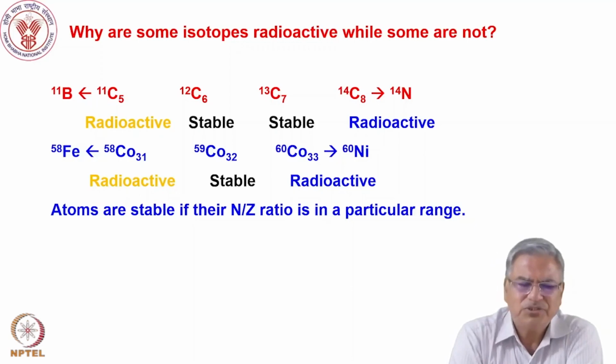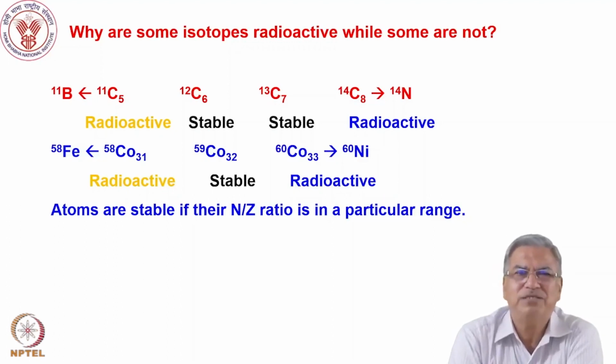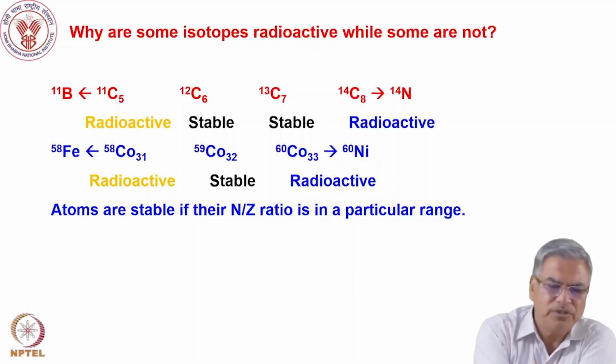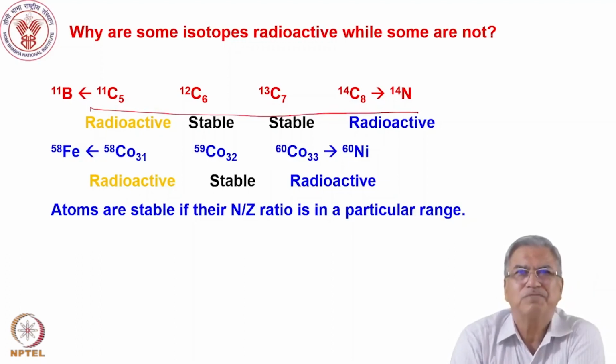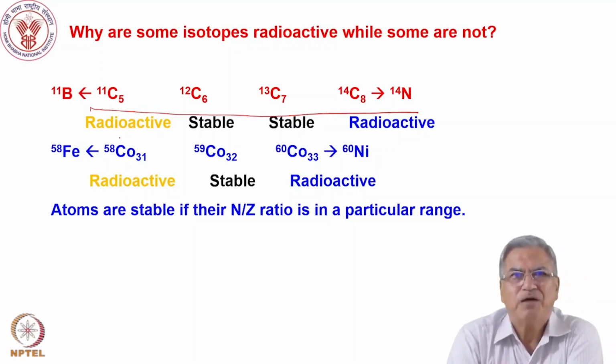Now the next question is, why are some isotopes radioactive while others are not? What decides whether a particular isotope is radioactive or not? I illustrate this question using this projection, with different isotopes of carbon: carbon 11, 12, 13, 14. The atomic number of carbon is 6, and the neutron number from carbon 11 to carbon 14 goes 5, 6, 7, and 8. Carbon 12 and carbon 13 are stable.